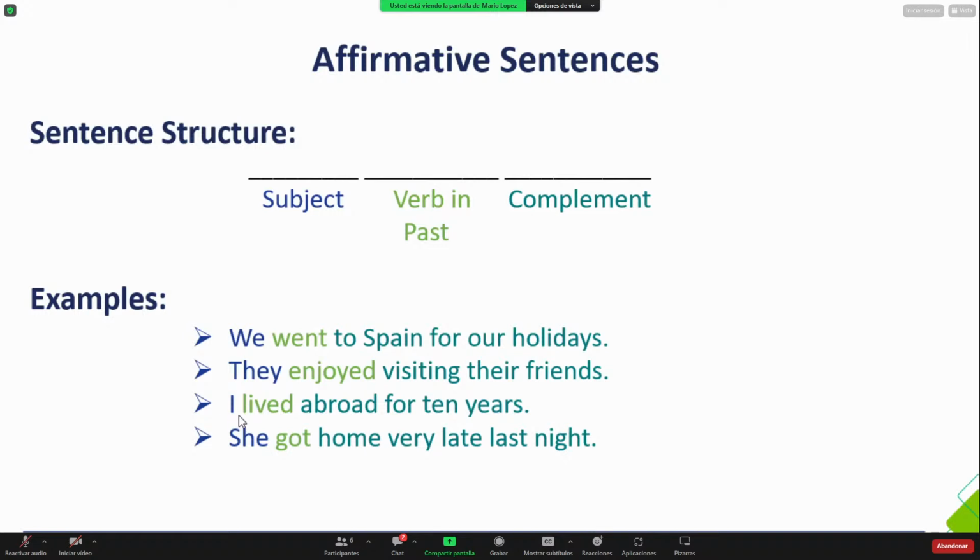I, subject, lived, verb, abroad for 10 years, complement, and she, subject, got, verb, and home very late last night, the complement.